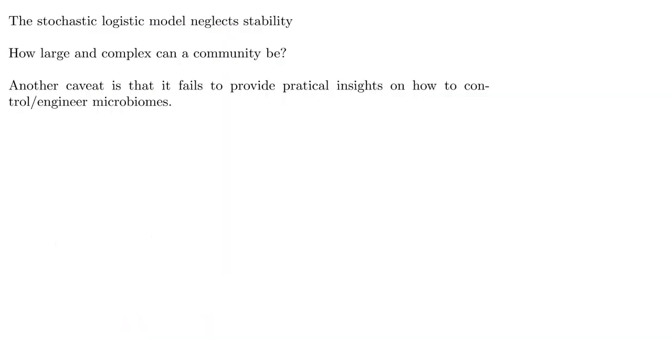Yeah, and maybe the weak point of this model is that it neglects stability. So this was explained very well. And you cannot answer things like how large and complex a community can be. Another thing is that it doesn't really give you any practical insights into how to control or engineer a microbiome, because you assume, of course, very simple terms, only that species could exist or not in an environment.